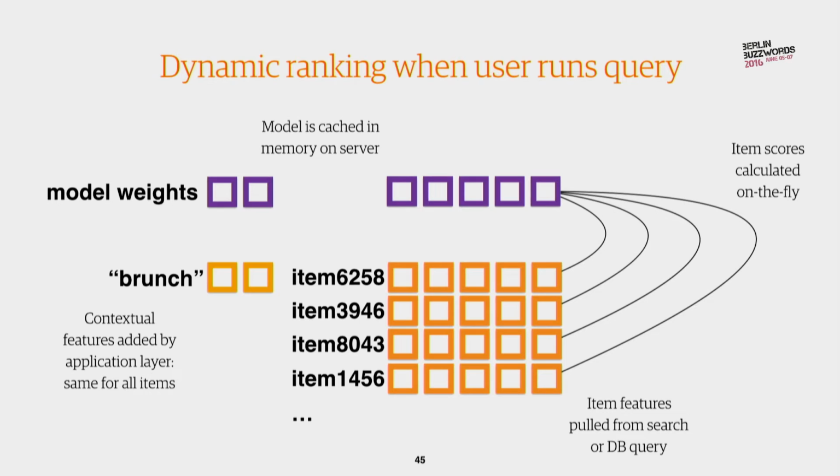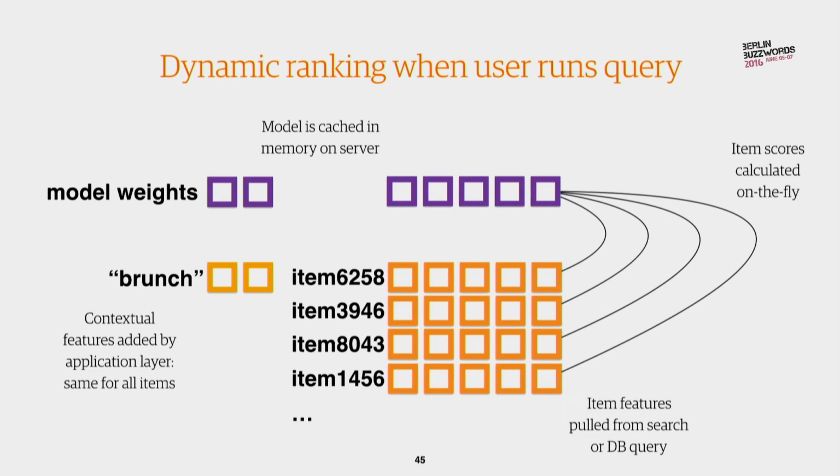Another option is to calculate the ranking score for each item at query time, after you retrieve a set of items matching a query from your search engine. To do this, you need to cache all the model weights in memory, in the search server or in some separate key value store, and then build or retrieve the feature vectors for each item via a search or database query or some other key value store lookup.